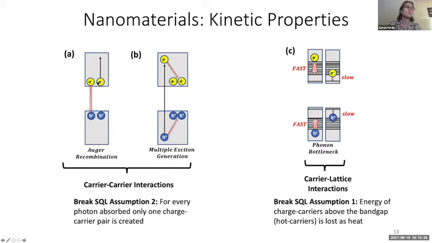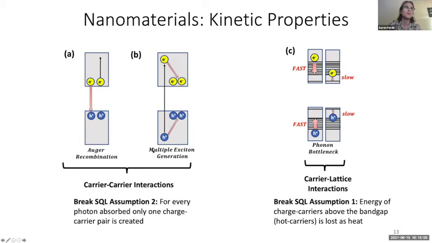But from a different perspective, you could start from a fairly high single exciton state. So in this B panel, if you have an excitation, say at least 2 times above the band gap of the material, then theoretically it is possible to non-radiatively generate 2 separate charges from that.